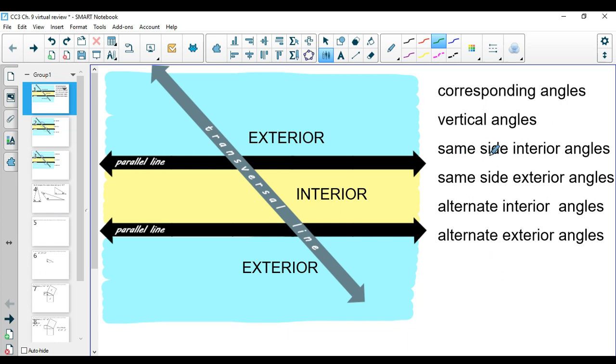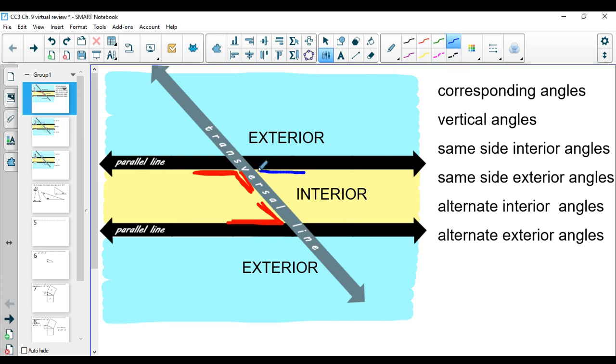We have same side interior angles. So same side interior angles means that they're inside our parallel lines and they're on the same side of the transversal. So if I pick one of my angles inside the parallel lines, this is the other angle that's on the same side and inside the parallel lines.